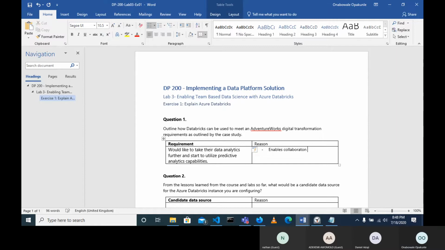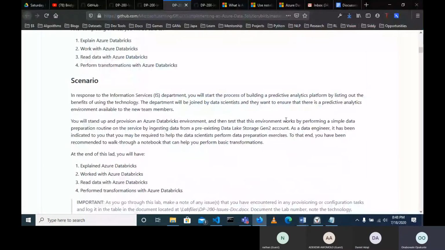Let me just say between the analytics team. The second one is that Azure Databricks is a compute platform, right?